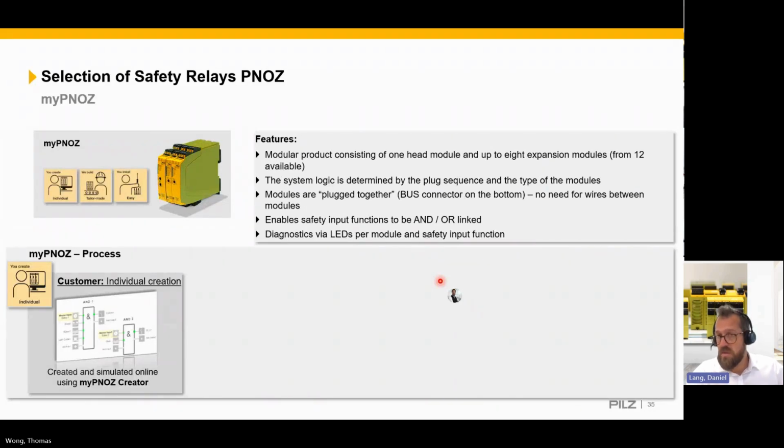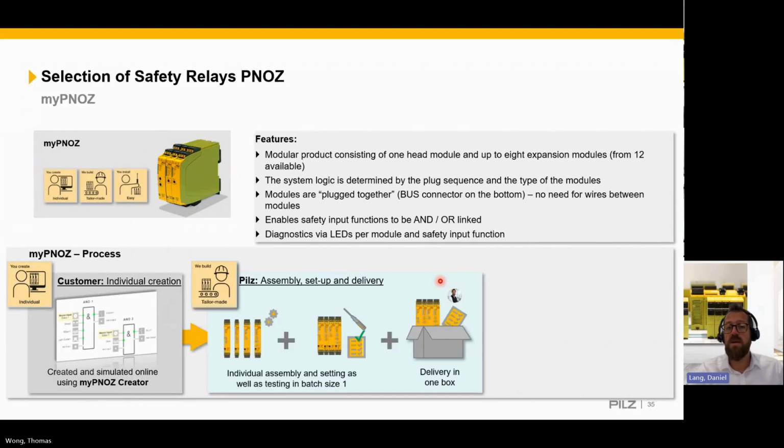And if you're done with it and satisfied, then you can order it, and Pilz does it in a batch size of 1. So your solution will be produced, assembled, and tested just for you, and then delivered in the box.